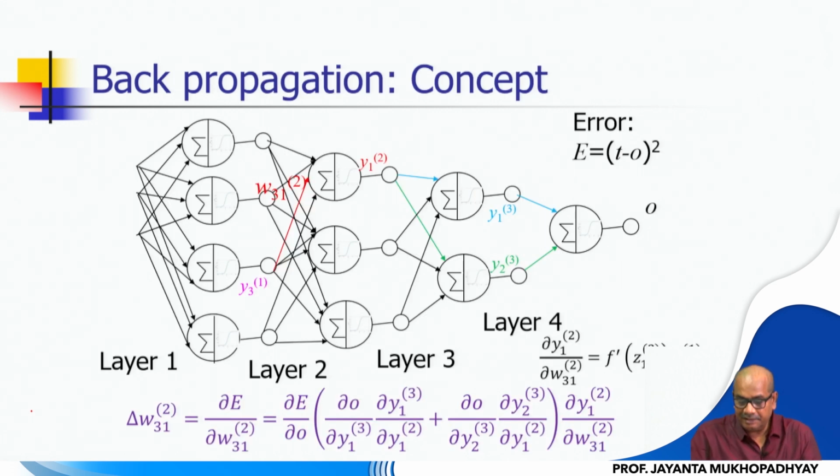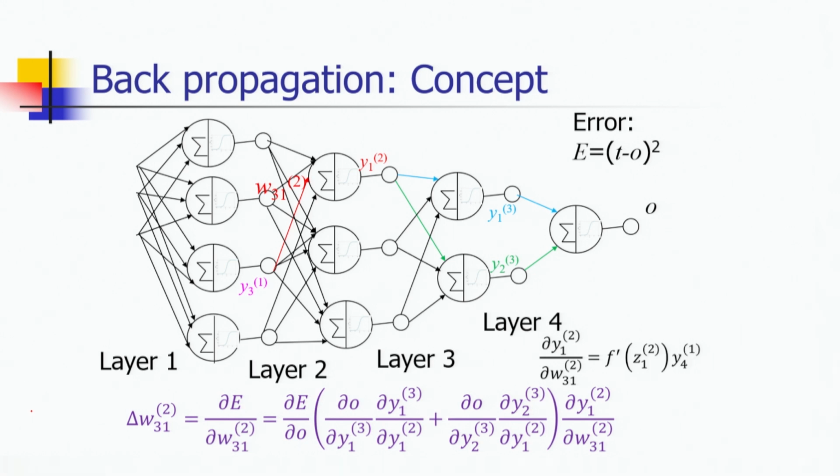Let us see with this particular diagram how we are going to consider these things. Suppose you have already done the forward computations and you note the response along each node. I have shown some of the responses.